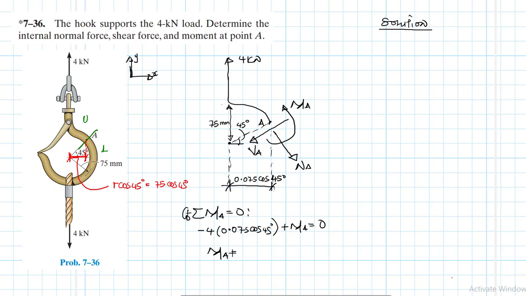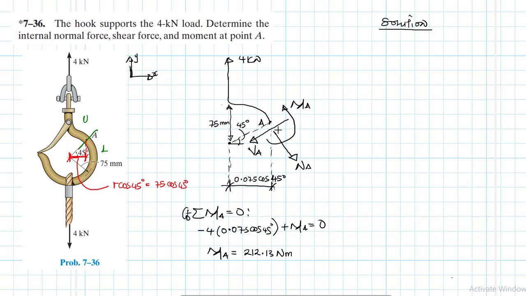Therefore, my MA is going to be equal to 0.075 cos 45 times 4. Since it's a small number, I'll convert it to newtons. So this becomes 2.13 newton meters. All right, we found this.